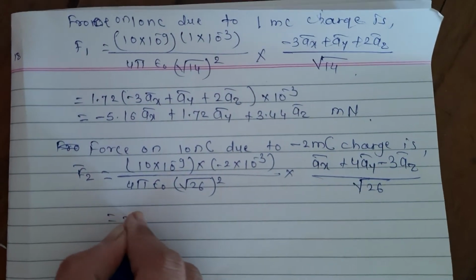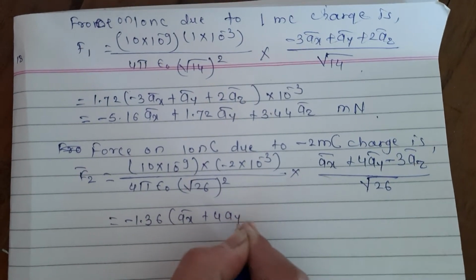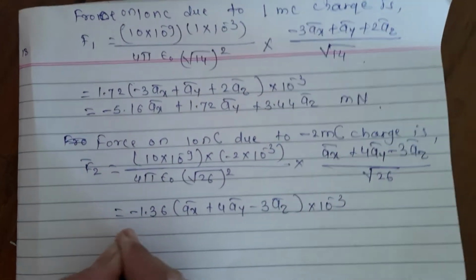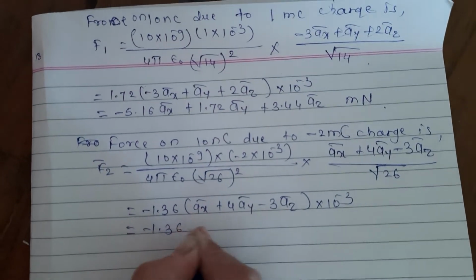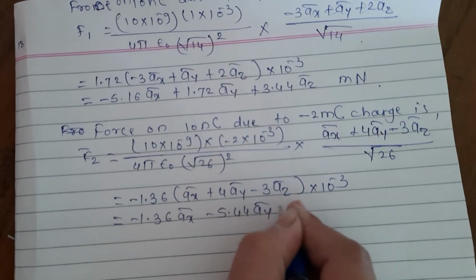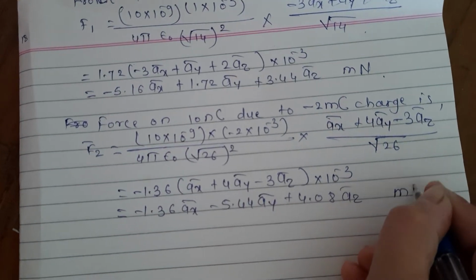So it is minus 1.36 ax bar plus 4ay bar minus 3az bar into 10 raised to minus 3, that is equal to minus 1.36 ax bar 5.44 ay bar plus 4.08 az bar millinewton.